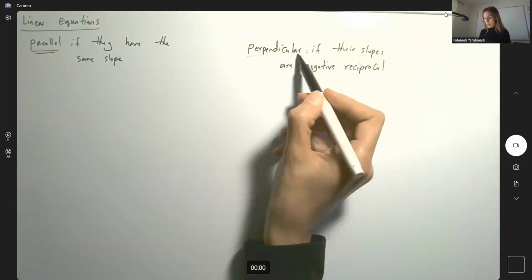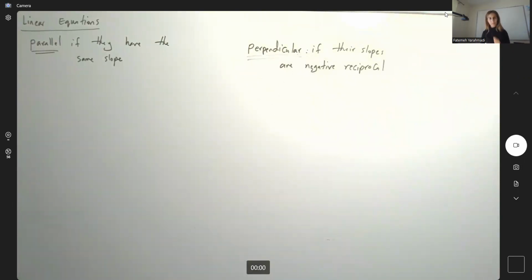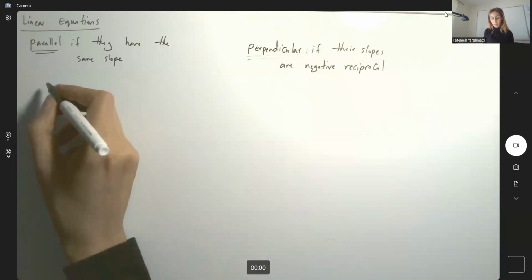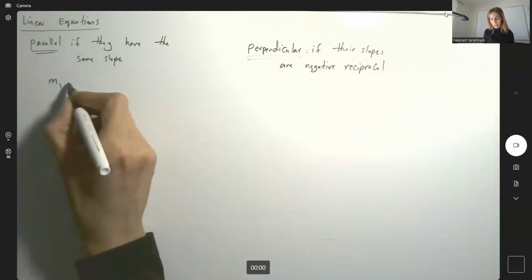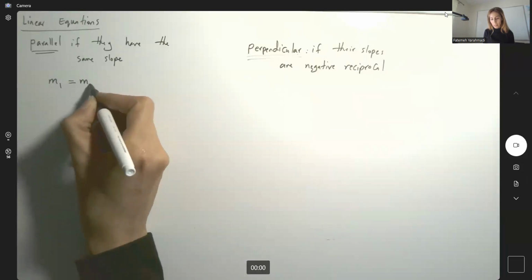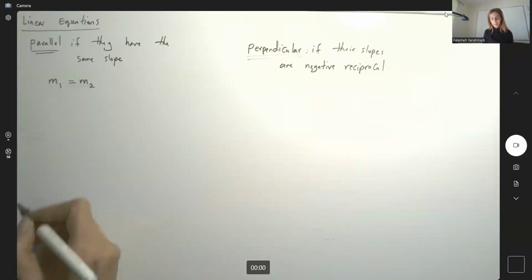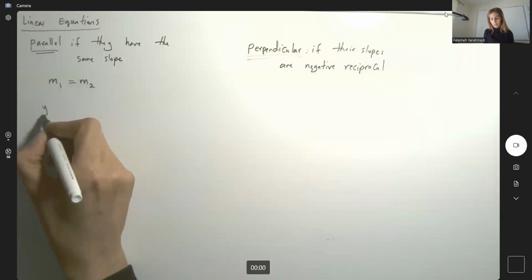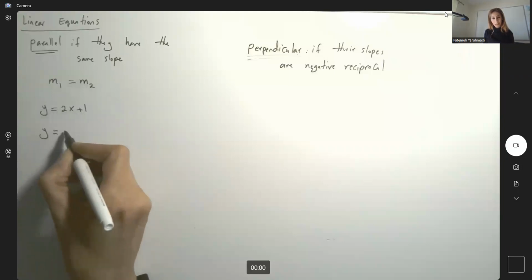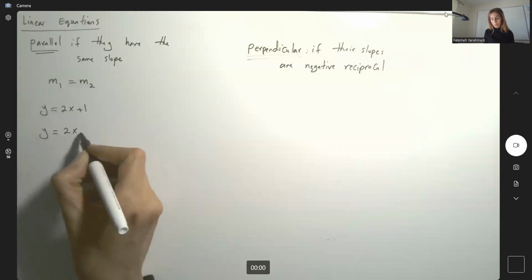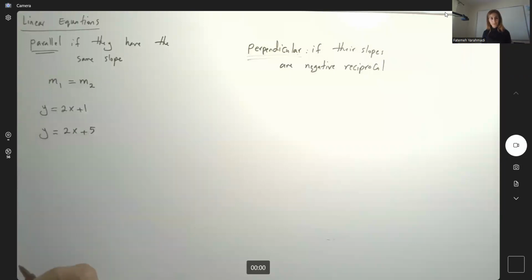So parallel and perpendicular. Equality between slopes is very clear: M1 is equal to M2. For example, you have y equals 2x plus 1. The other line is 2x plus 5.